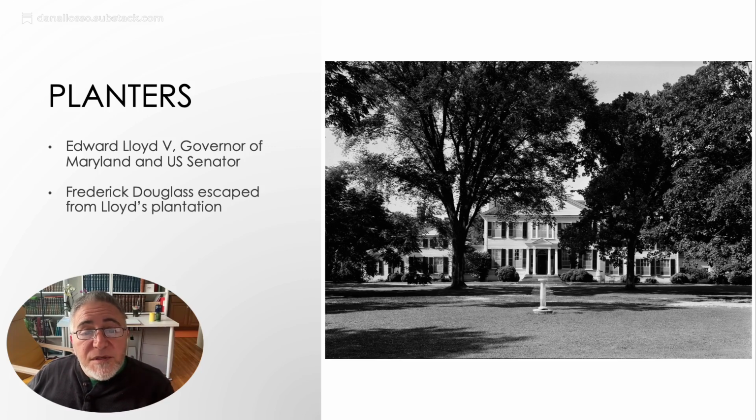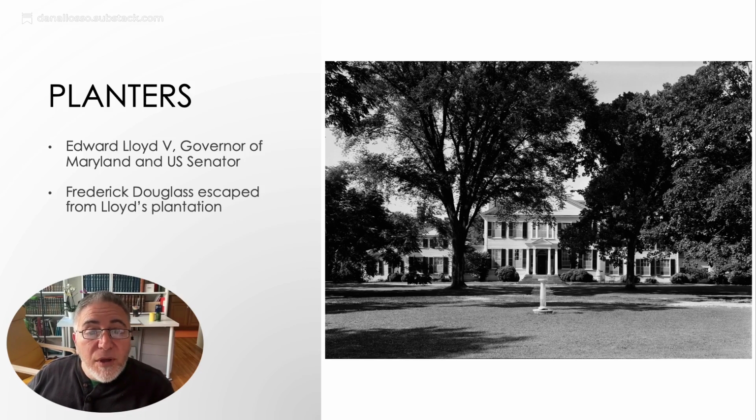One of the slaves on Lloyd's plantation was Frederick Douglass, who escaped in 1838 and became an abolitionist leader and writer and statesman and orator in the North. In his autobiography, Douglass described the plantation's elaborate gardens and racehorses, but also its underfed and brutalized slave population.